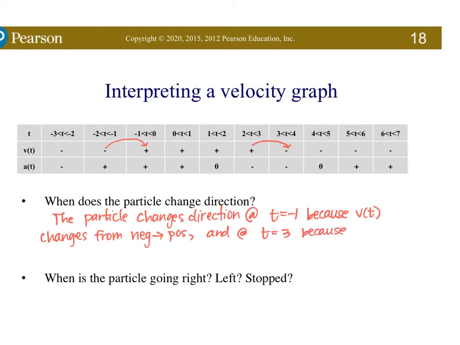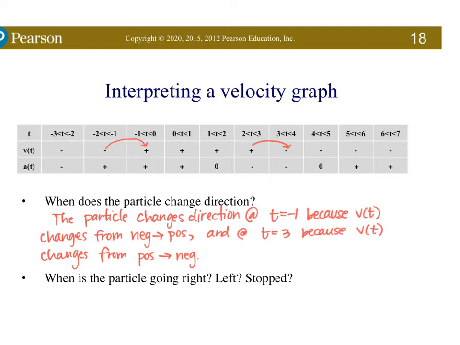And that is because the velocity changes from positive to negative. A change in direction is always associated with a change of sign in the velocity.